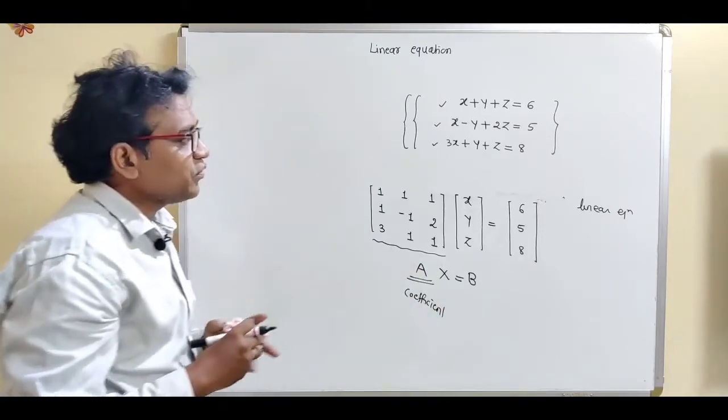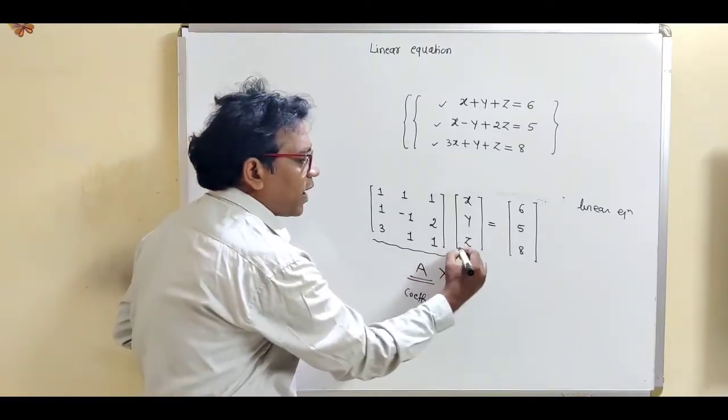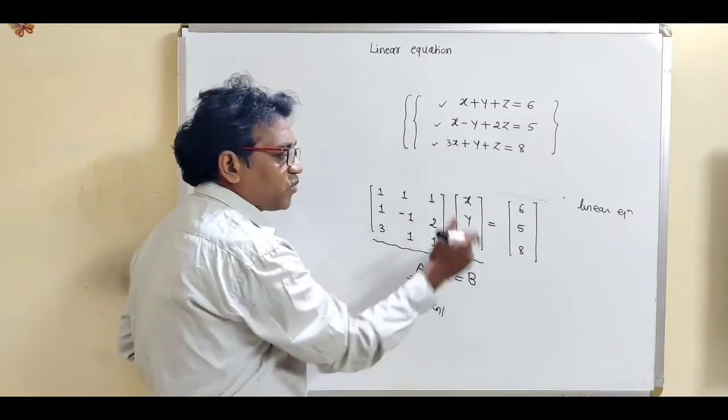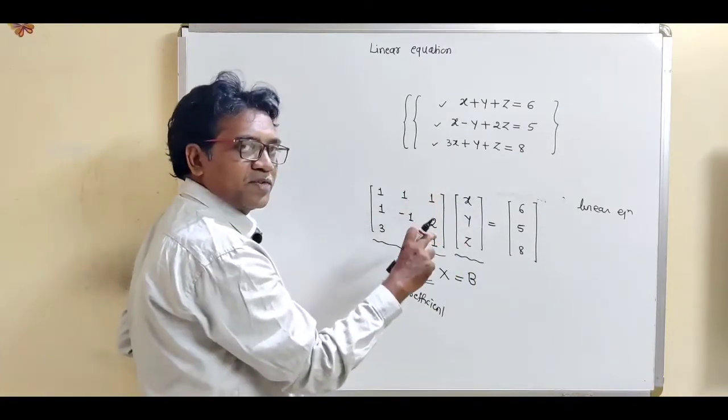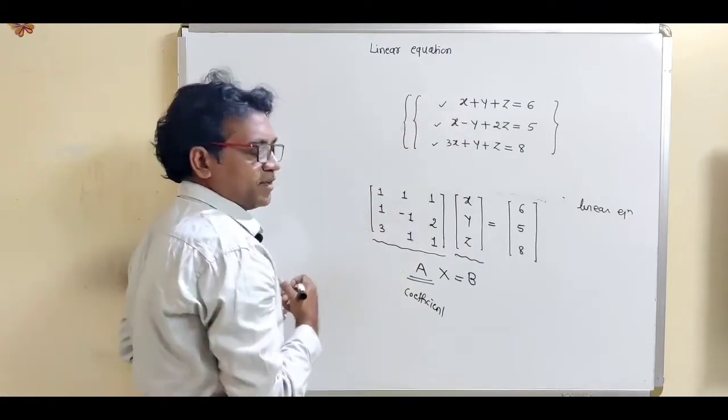What is the notation for X? X is called the matrix of unknown terms. x, y, z are called unknown terms. We have to find out the values of x, y, z.